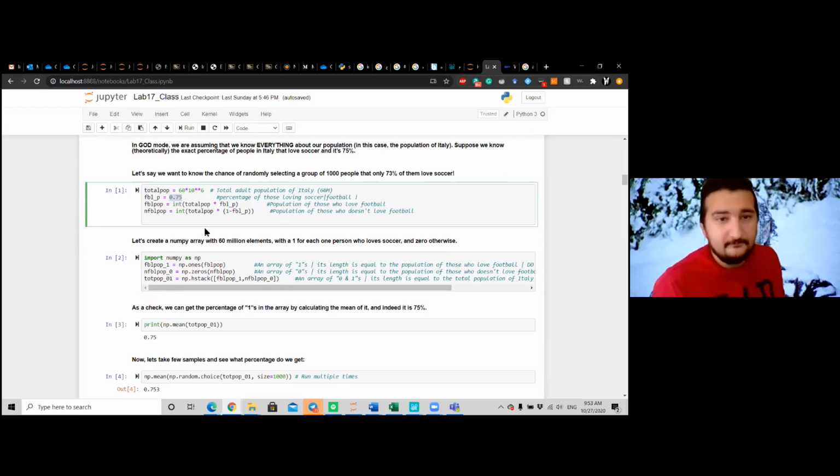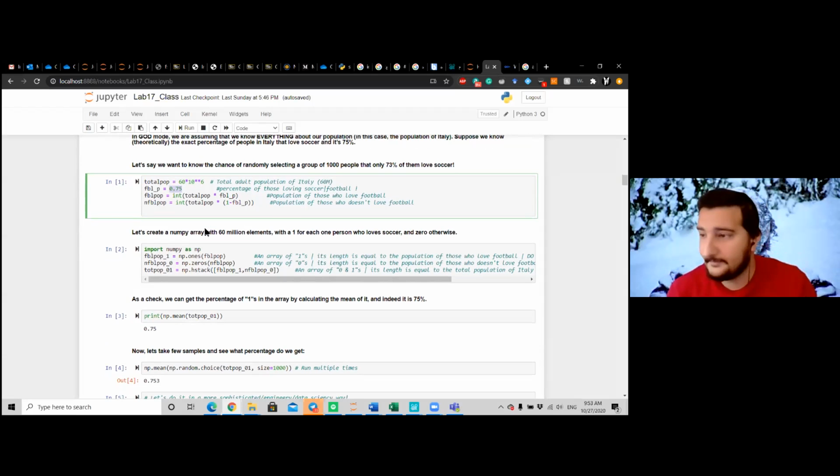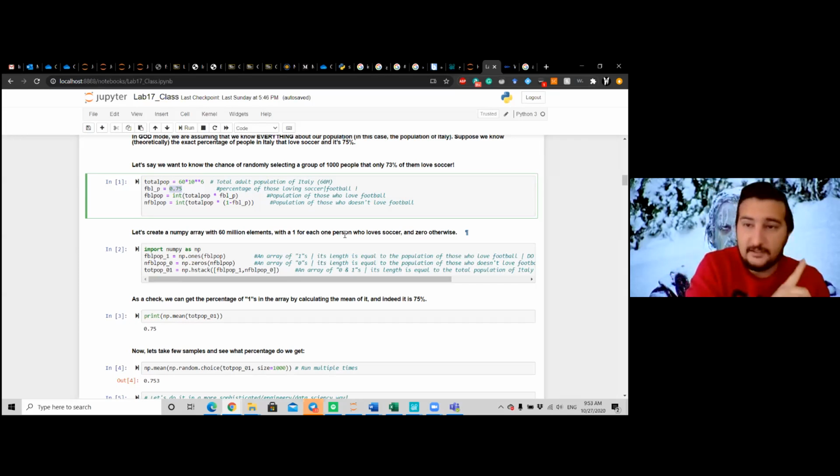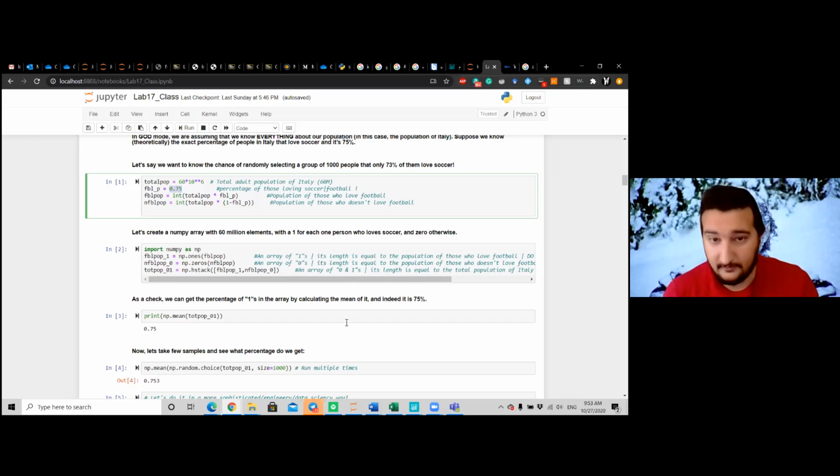Okay. So on the next step, we are going to create a NumPy array with 60 million elements, with a 1 for each person who loves soccer and a 0 otherwise. So before going here, I want you to read these comments. Do not attempt to print the objects that we are about to create. That will probably break your computer or be very hard to manage.